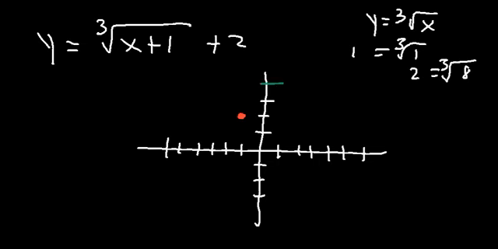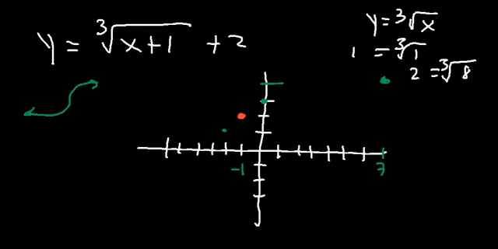So 1 to the right, up 1. 1 to the left, down 1. Because we know the general shape is like this. It's increasing. Now as we go 8 to the right, so starting from -1, we're going to stop at 7. It's going to be up 2, so it's going to be over here somewhere.